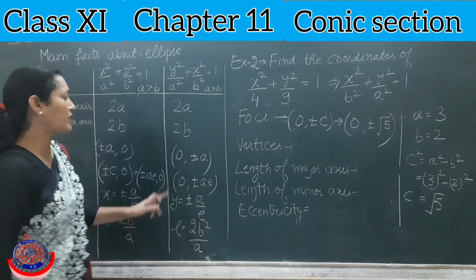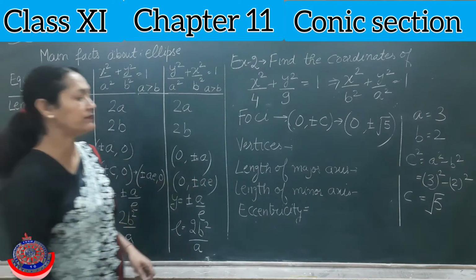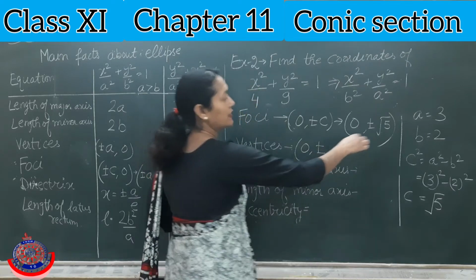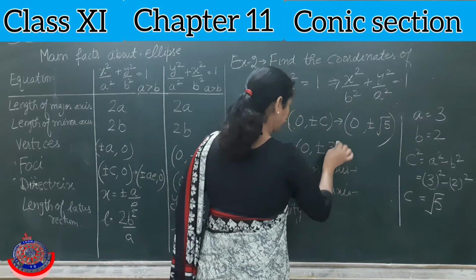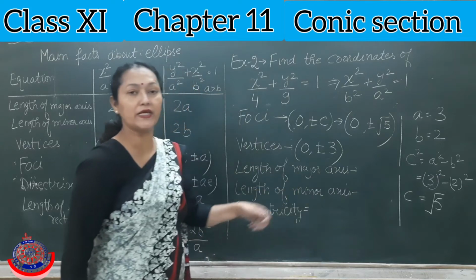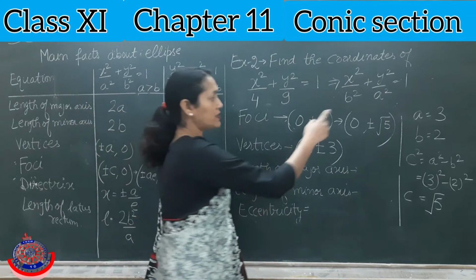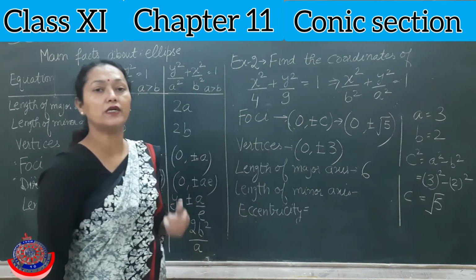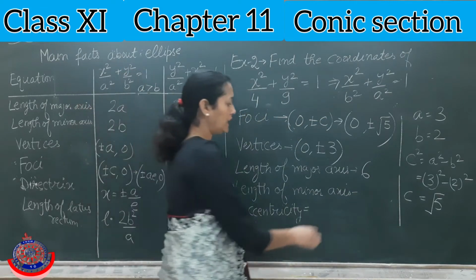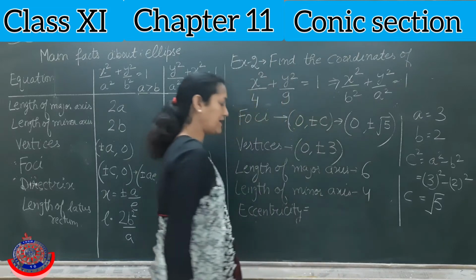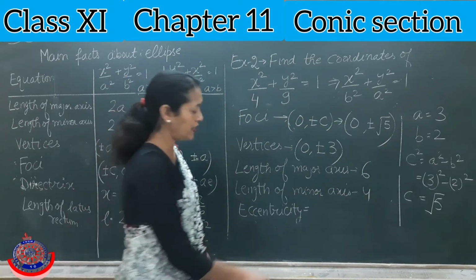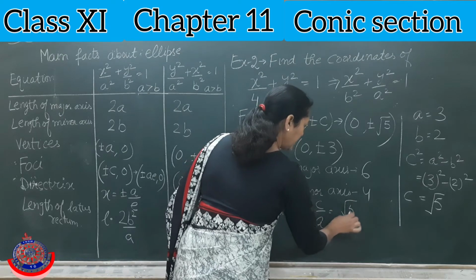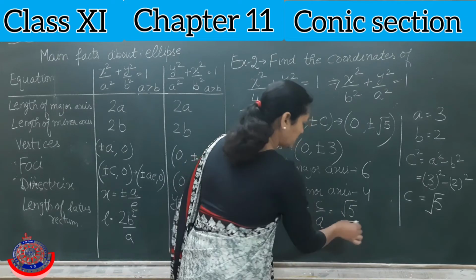Vertex. Vertex points are 0 and plus minus a. So 0 and plus minus, what is a? 3. Length of major axis 2 into a means 2 into 3, 6. Length of minor axis 2b, 2 into 2, that is 4. Eccentricity is c upon a, that is under root 5 upon 3.